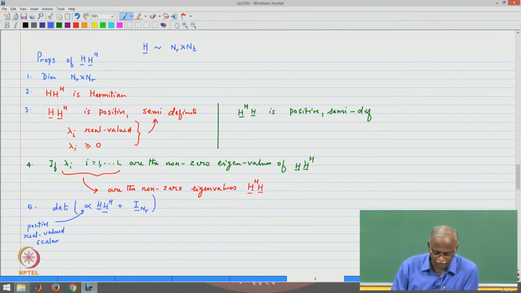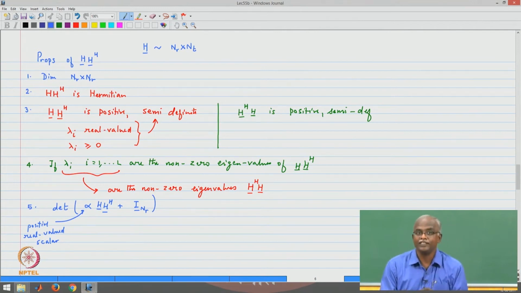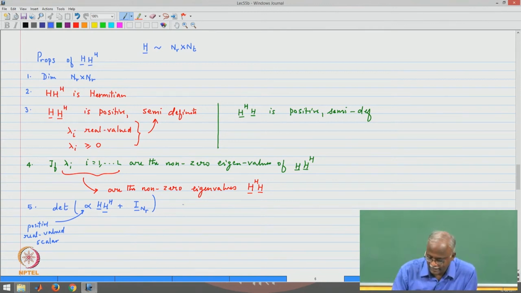Basically we would like to understand the property of this, because this identical expression appears in the log det capacity if you look at the previous slide. So, I will call this equation 1.